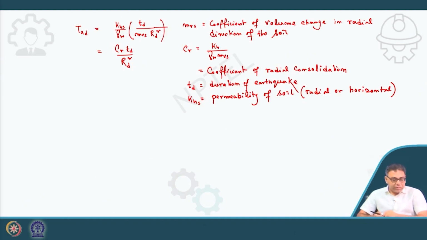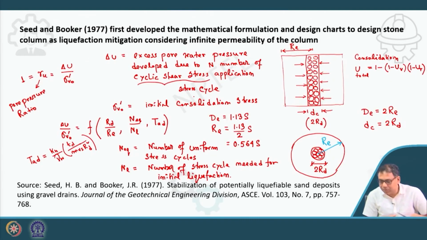You can see, another important assumption is considered in this analysis: that the permeability of the stone column is infinite. So the boundary condition at the interface between the soil and the column is del u equal to 0, because the permeability of the column is infinite.